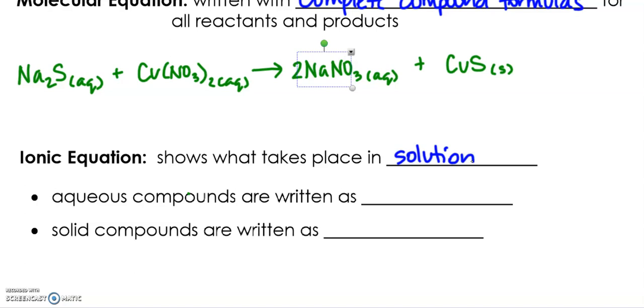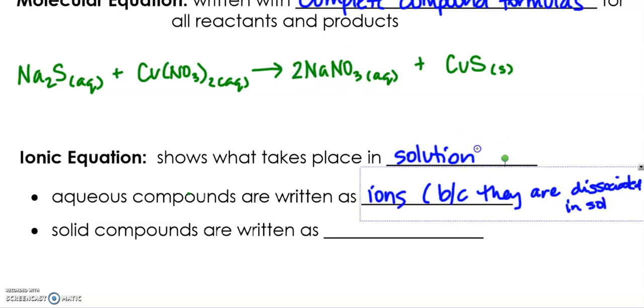So aqueous compounds are written as ions, because they are dissociated in solution. And solid compounds are written as complete formulas, because they are not separated in solution.